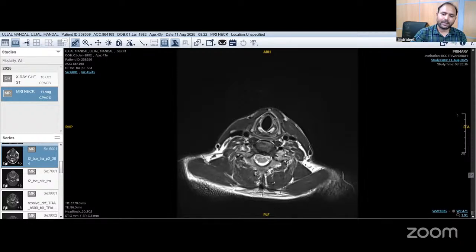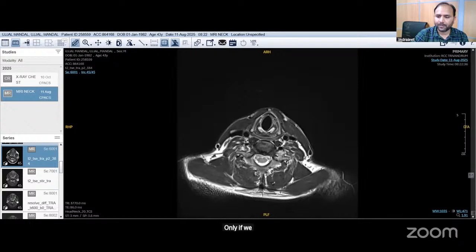Sir, I have read that it may still suffice in low grade cancers. That concept of clear margins all around is not there, sir.